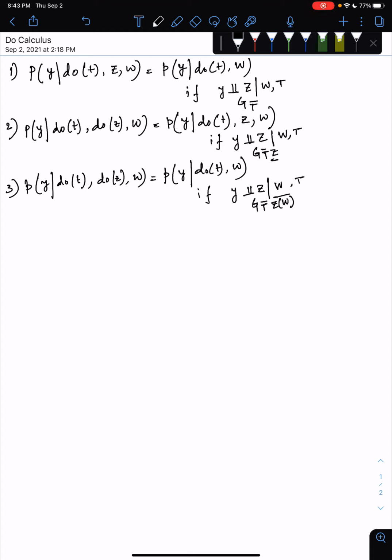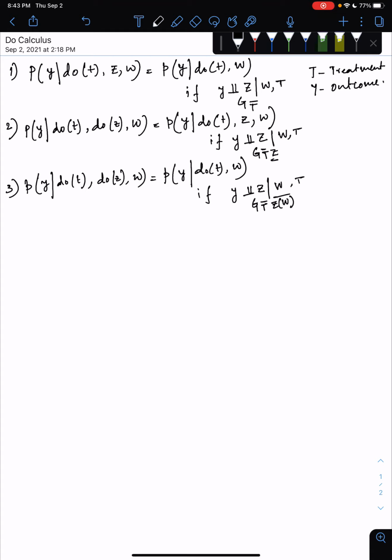Before we can proceed, what do I mean by this type of graph? What is this t bar? First of all, t is my treatment, then y is my outcome.